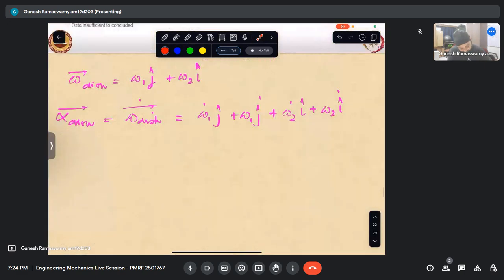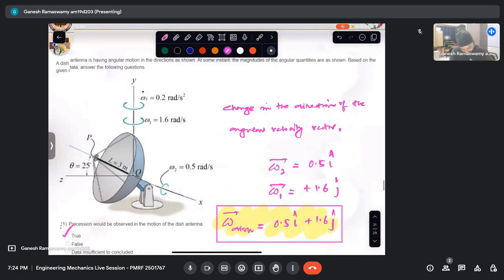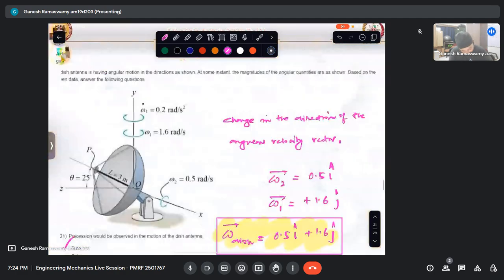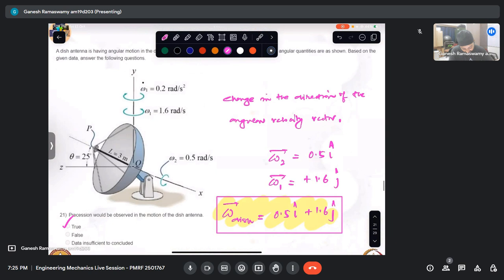So alpha of the dish is equal to omega 1 dot, which is minus 0.2 J cap, and then J cap doesn't change. Even if the dish rotates, at some other instant it will be like that, but the vertical still remains the same.